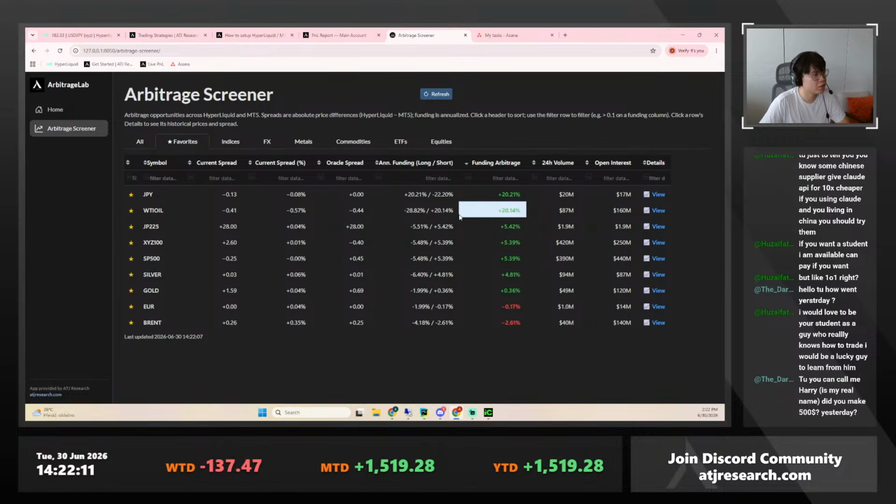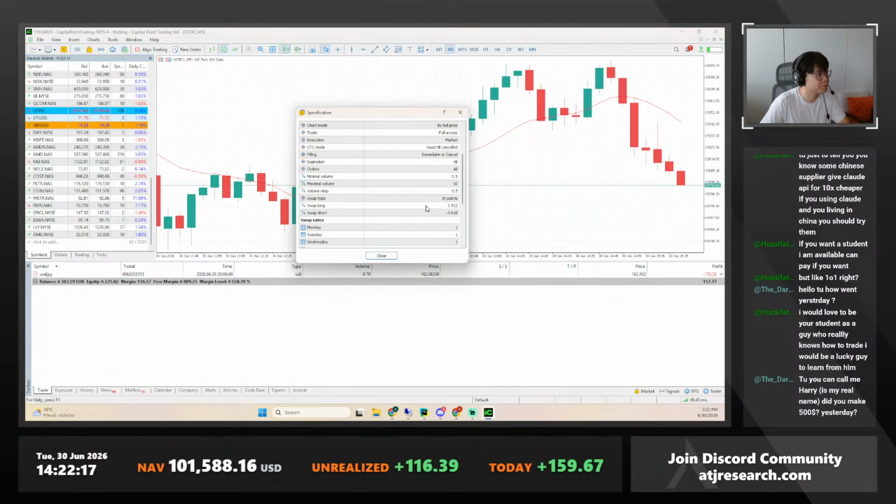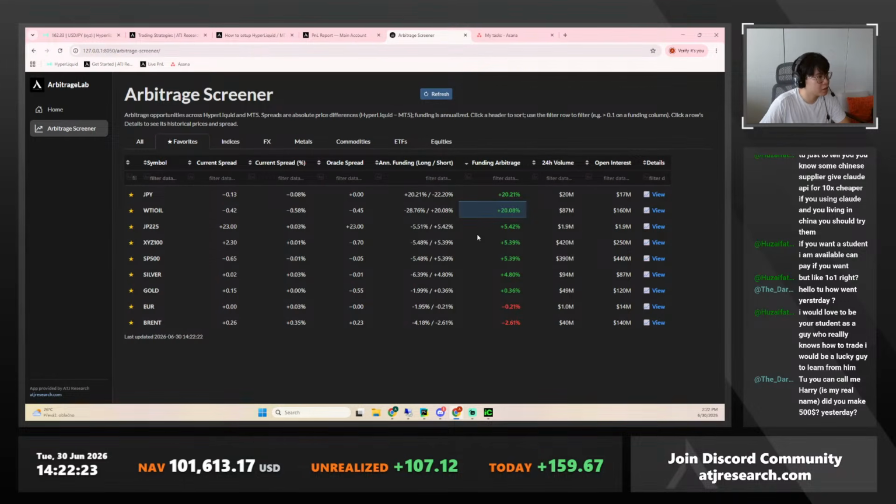I need to check on IC whether oil has a positive swap. Yeah, it has a positive swap, so that's nice to see, right? That is fine. For now, I think we don't have to overthink it too much. We can maybe turn on our JPY strategy, which shows a 20% funding rate arbitrage.